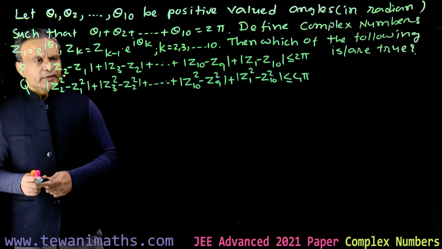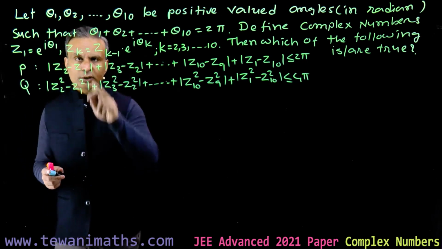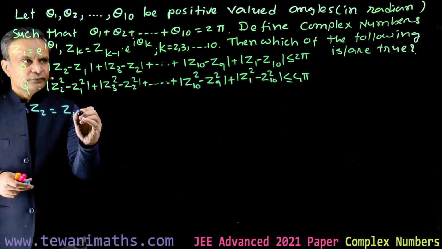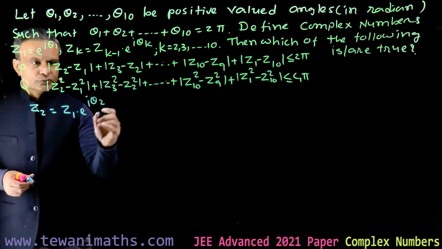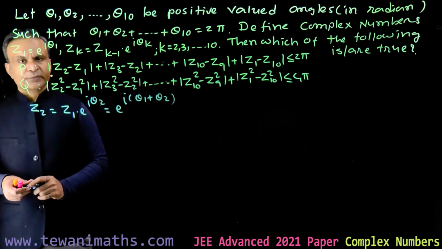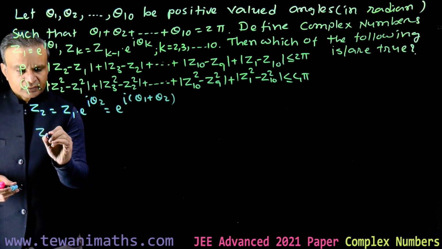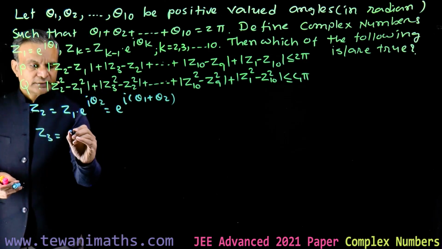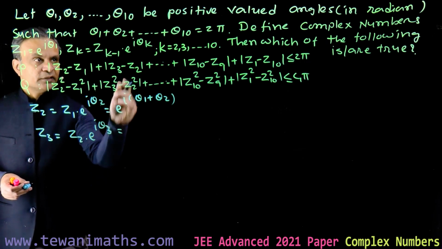Now we can find complex numbers z2, z3 up to z10 using this recurrence relation. Put k equal to 2, we get z2 is equal to z1 into e power iota theta 2. z1 is this, so z2 will be e power iota (theta 1 plus theta 2). Argument of complex number z2 is theta 1 plus theta 2. Then we find z3: put k equal to 3, we get z3 is equal to z2 into e power iota theta 3, here we have theta k.